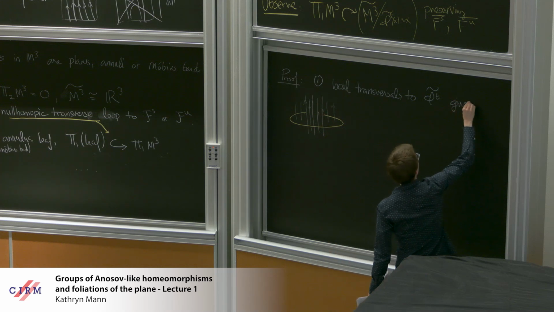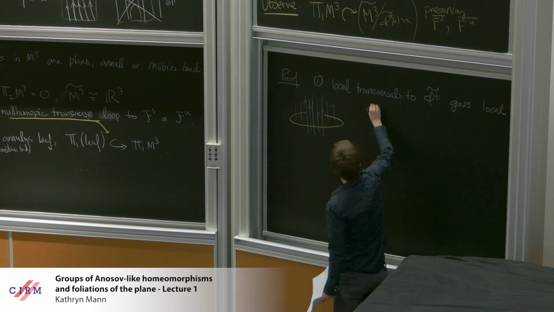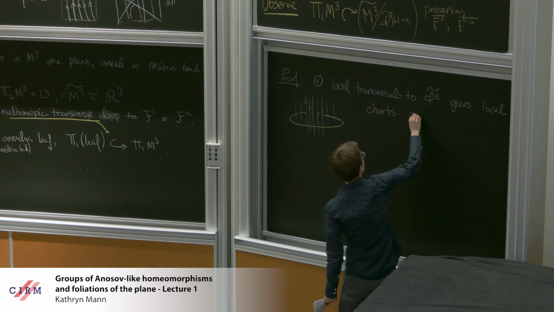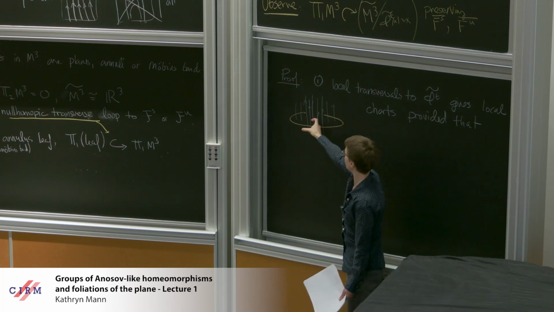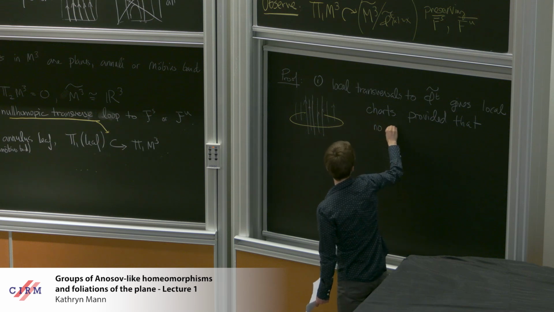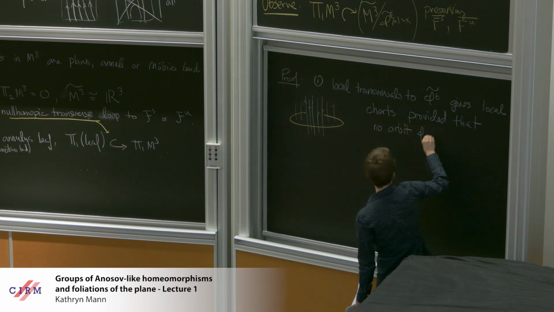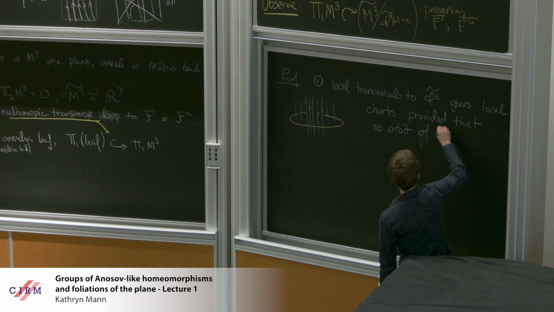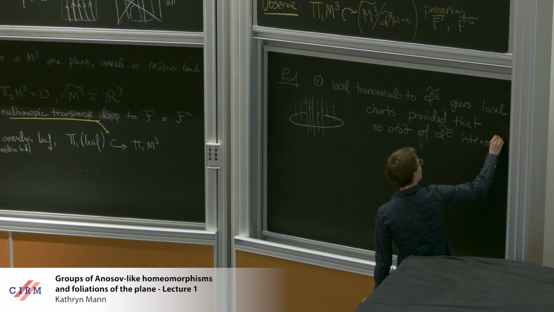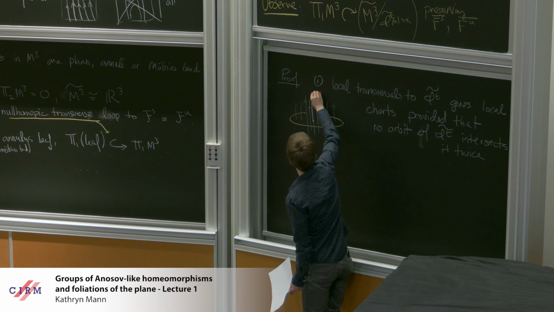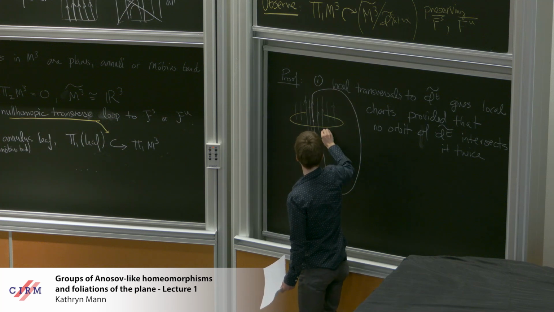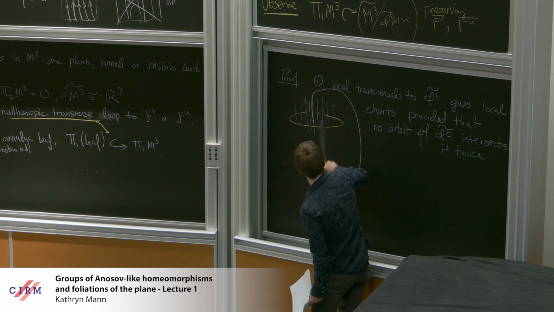So this gives local charts, provided that if I take a small enough little transverse disk, no orbit of this lifted flow intersects it twice. Okay, so what's the enemy if this is not a nice injective chart? Say this orbit hits it here, goes around somewhere and comes back in another spot. Let's draw the spot far away to make it clear to people at the back.